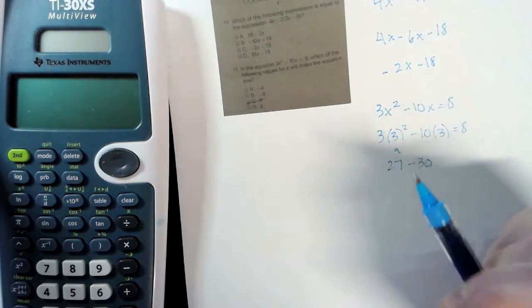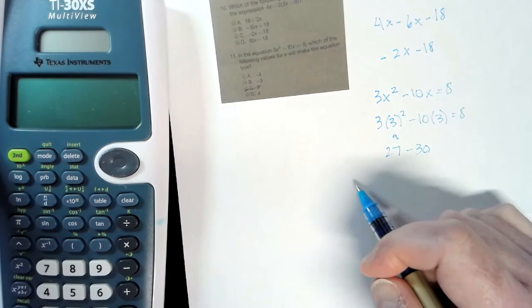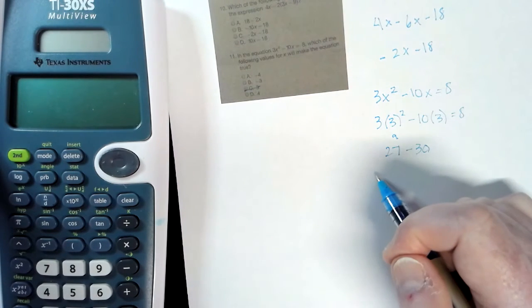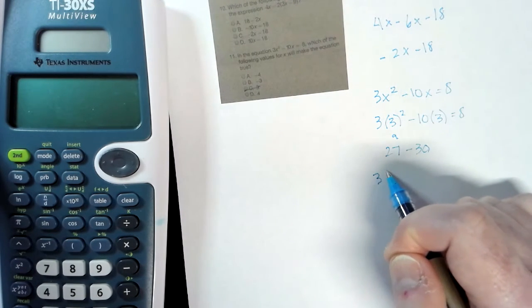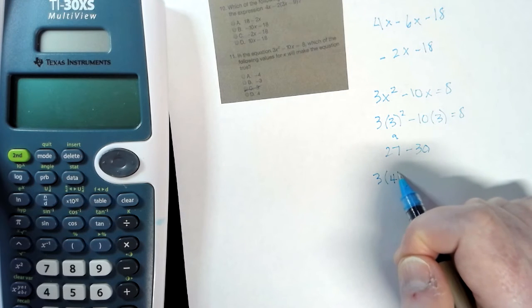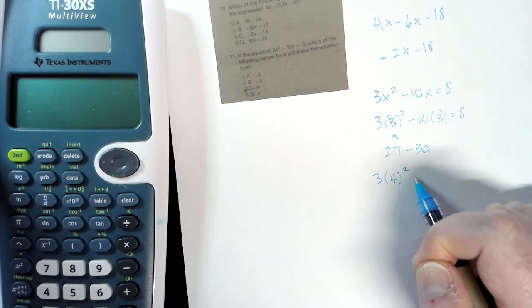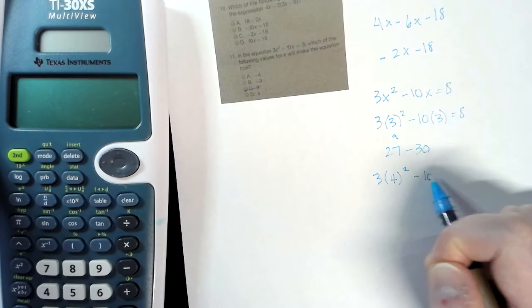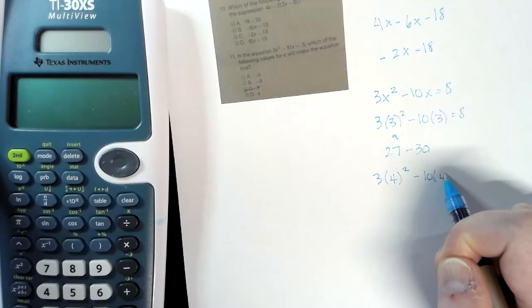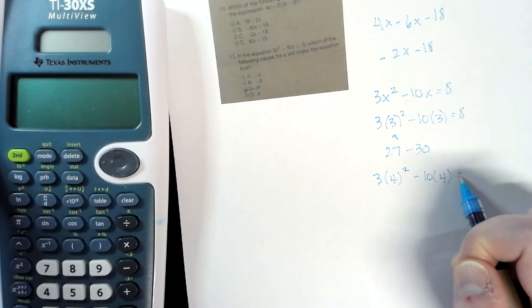Then I'm going to do the 4 because it's still positive. I prefer positives. I'm going to plug 4 in for the X's. 3 times 4 squared minus 10 times 4 equals 8.